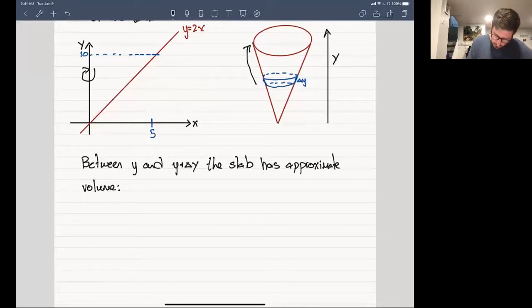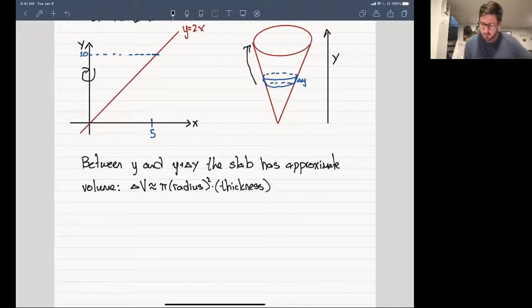So I'm going to call this, say, delta V. This is the volume of that little slab. Well, this thing is approximately equal to the area of the top or bottom of this cylinder multiplied by its thickness. So the area of this thing is going to be pi times the radius squared, and then multiplied by the thickness. Now, the thickness or the height of this thing is delta y.